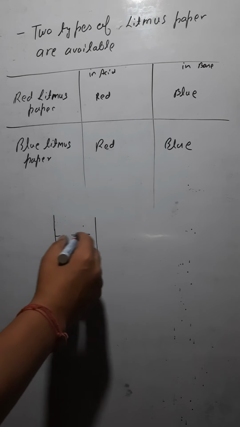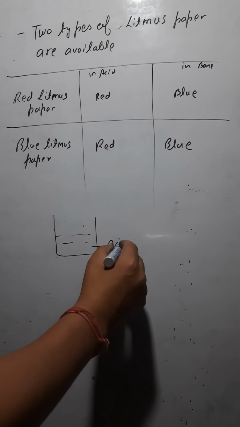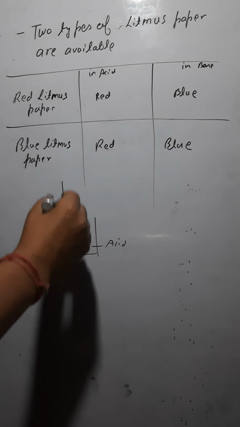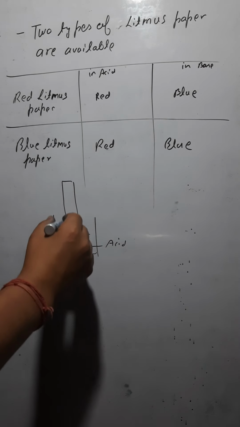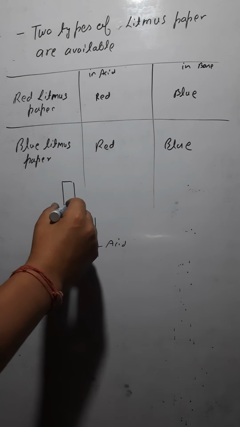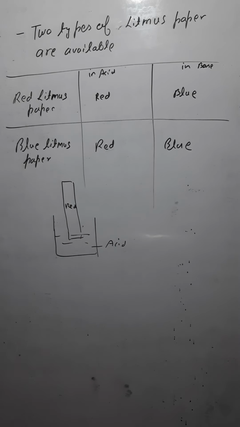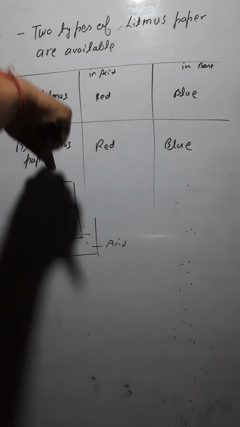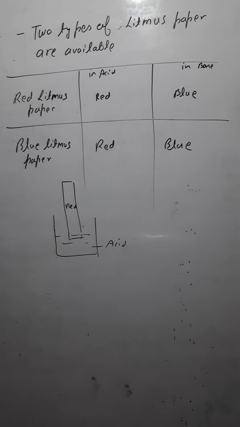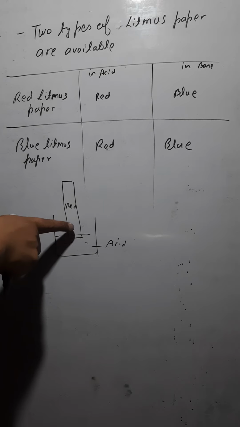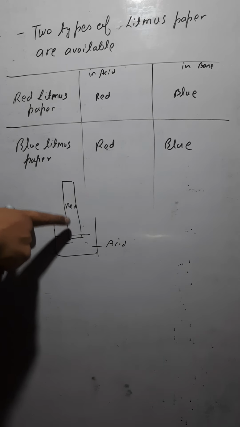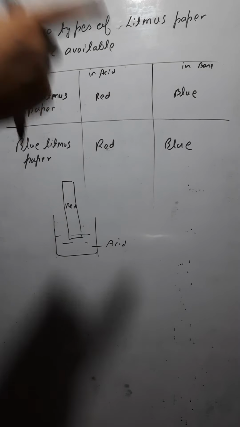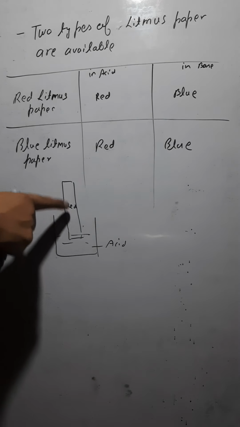So here we have acid in a beaker, and then we have a red litmus paper, and we dip this red litmus paper in this acidic solution. So what would be the color of this red litmus paper? It would remain the same, it would remain red.